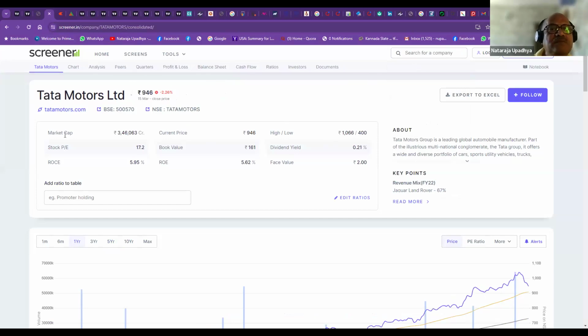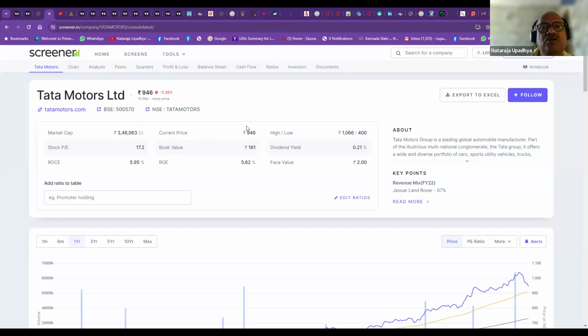See, Tata Motors, basically it talks about certain header information. Its market cap is 3,46,000 crores. Typically in India, any company above 20,000 crores is considered a large cap. So it's a large cap company, a way large cap company.